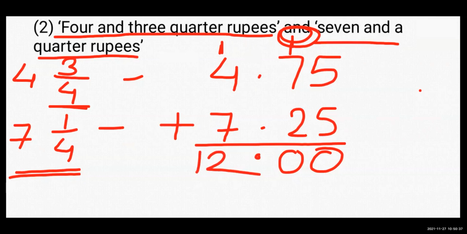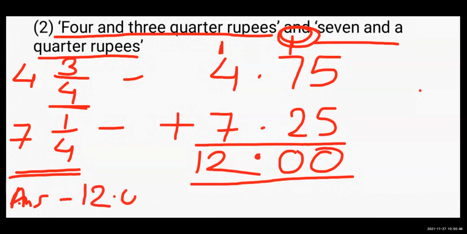So what is our main answer? Our main answer is 12.00. See, one thing we missed. Tell me now what we missed. I want answers, what I missed in writing. Yes, very good Sakshi. What did I miss? Rupees.